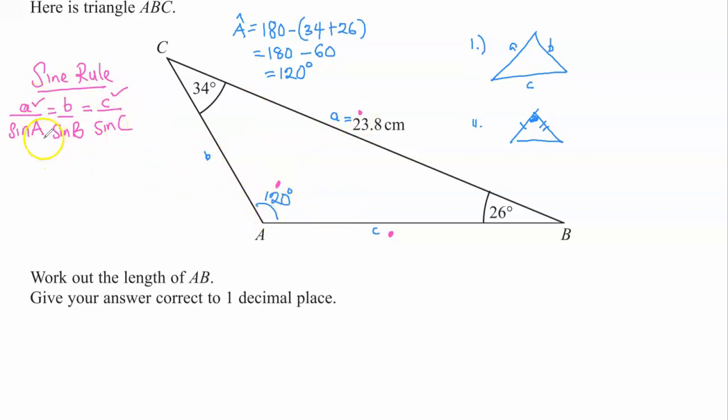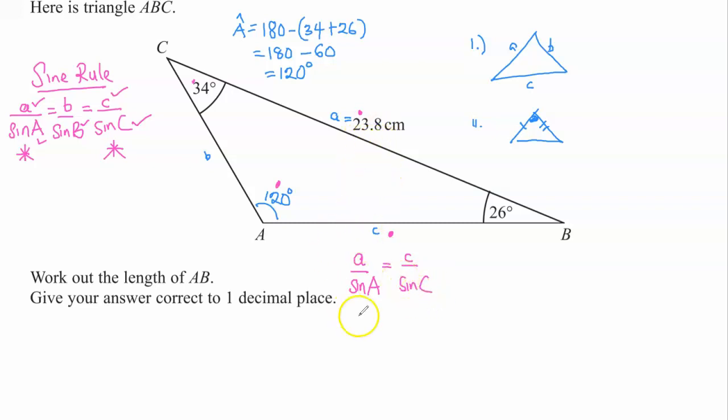I also have uppercase A. So I have uppercase C and uppercase B. Okay, so the implication here is that a over sine A and c over sine C is going to work for me because b is not a letter of interest. So I'm going to be using a over sine A is equal to c over sine C.